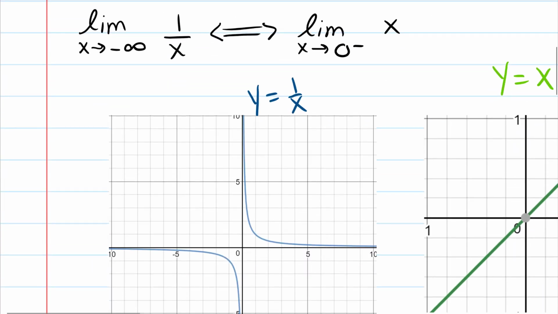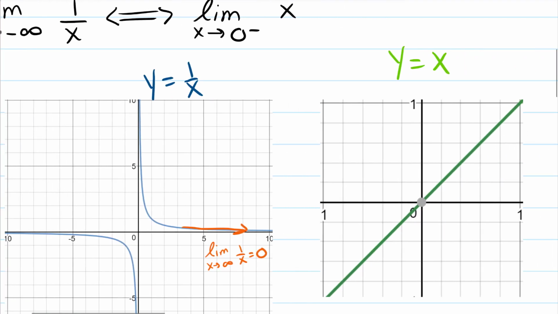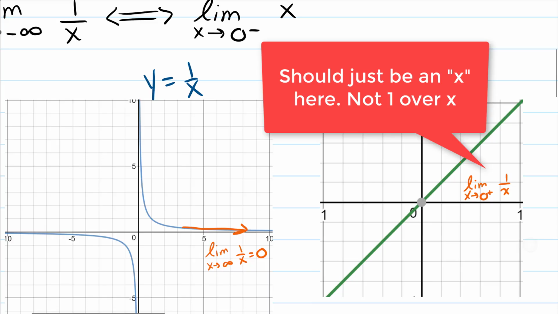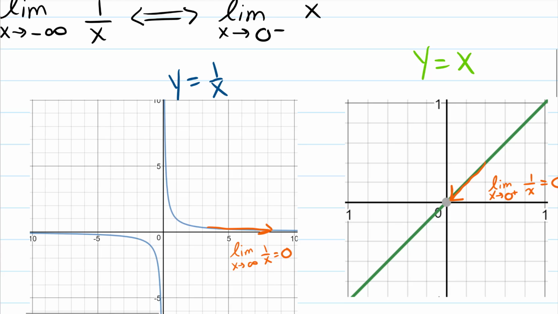If we look at the graph of 1 over x, as we approach infinity, the limit as x approaches infinity of 1 over x is 0. Now if I look at the reciprocal of that, the limit as x approaches 0 from the right of x is also 0. Now let's look at negative infinity.